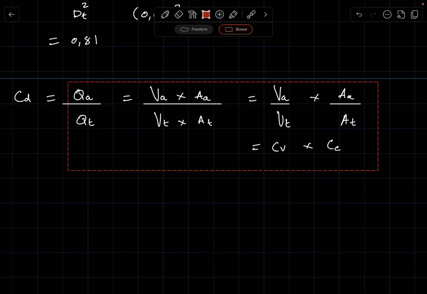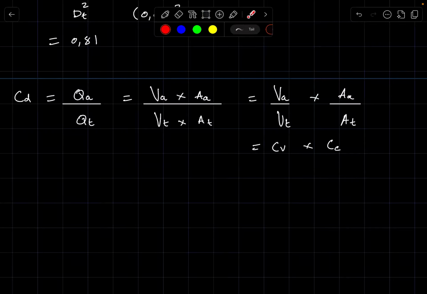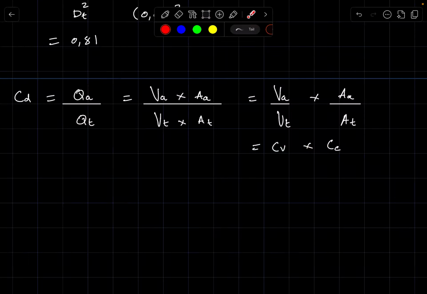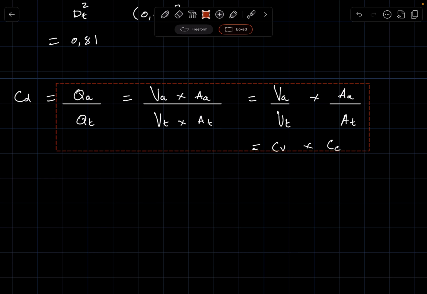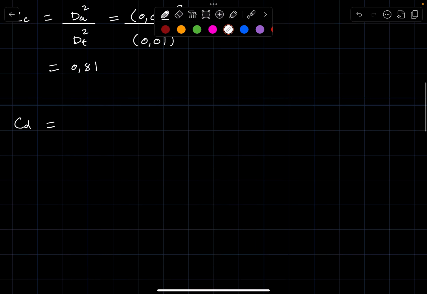Now this was just for interest's sake, because we have calculated our CCs, it means this is the approach we are going to take, right? And then of course if you calculated Q's, this is the approach you are going to take. So here we calculated our hydraulic coefficients, so we are going to use CV times CC, right?